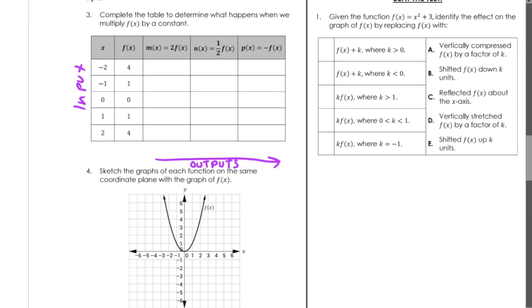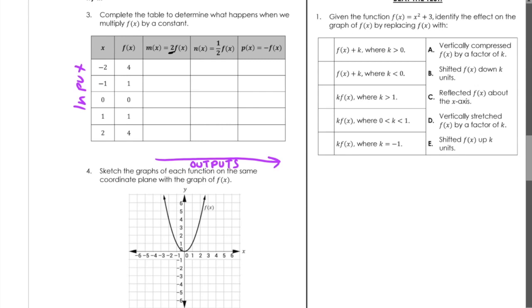Okay, so my inputs and then my outputs. So let's go ahead. On these ones, I'm going to multiply by 2. On these ones, I'm going to multiply by 1/2. And when I multiply by 1/2, that's really just divide by 2. And on this one, I'm just going to add a negative to my answers.